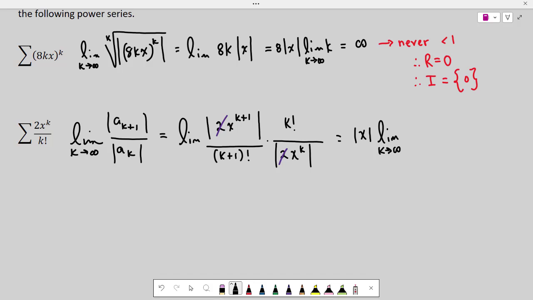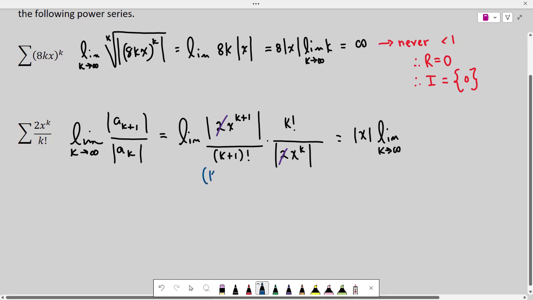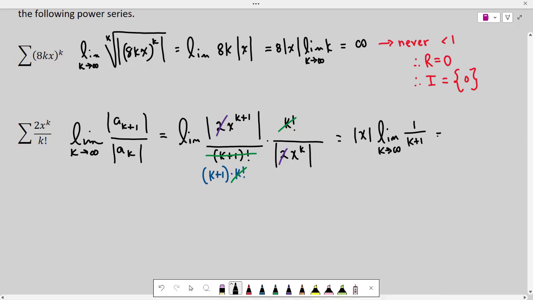And then k plus 1 factorial, that can be rewritten as k plus 1 times k factorial. And so then those k factorials can cancel. So all that we have left on the inside is 1 over k plus 1, which is going to be 0.